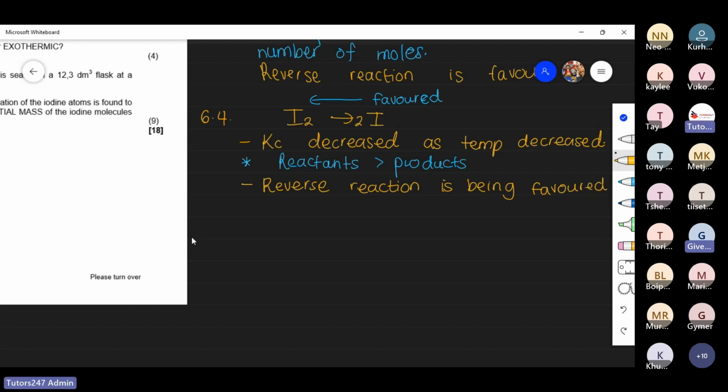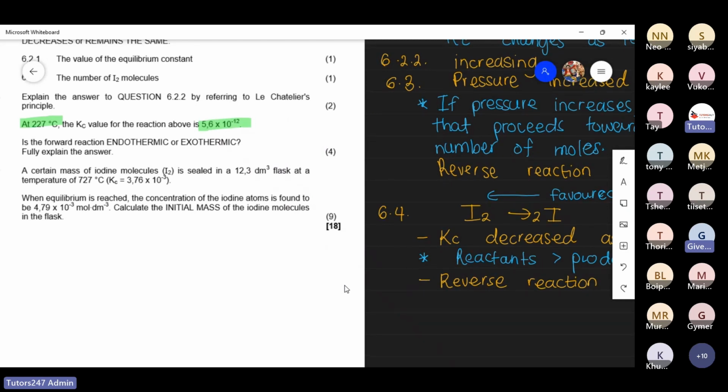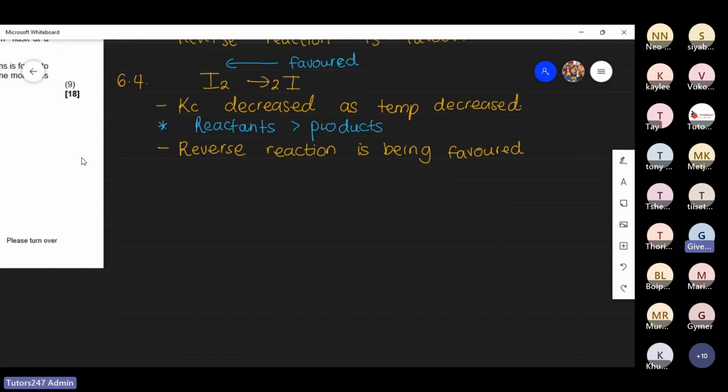Now, before we continue, let us go and see how many marks this was out of. It's out of 4 marks. So we can give 3 reasons and 1 final answer that can give us our 4 marks. Okay, so we've stated that because temperature decreased, Kc decreased as a result of temperature, keeping in mind that Kc changes as temperature changes, right?